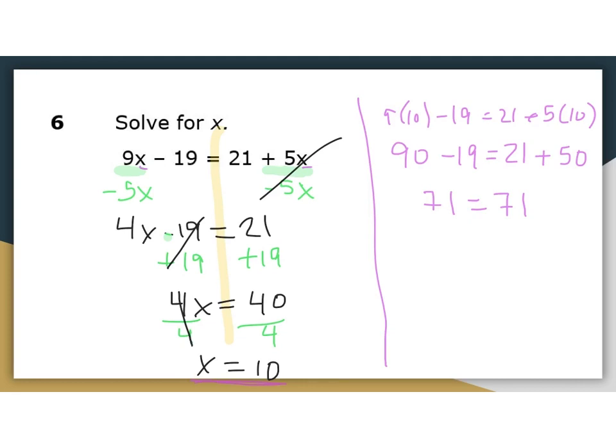So this is a true statement, which means our answer here of 10 is correct.